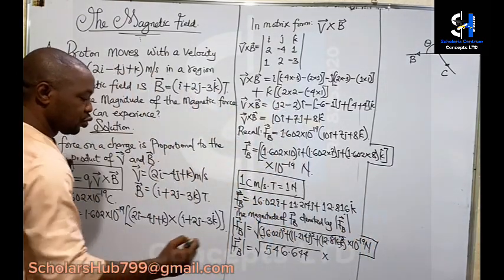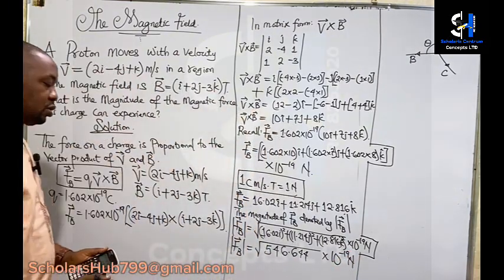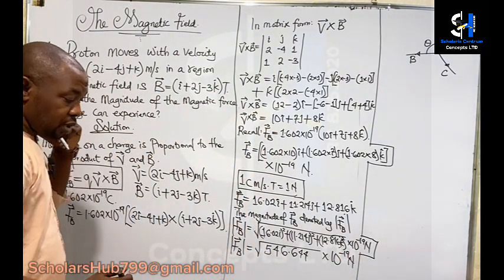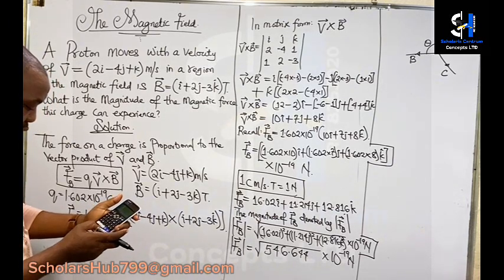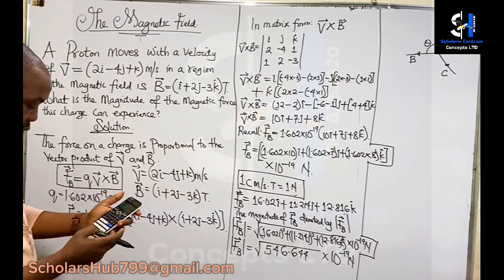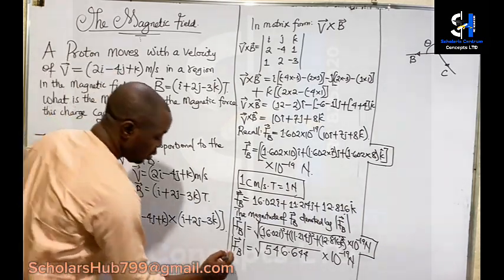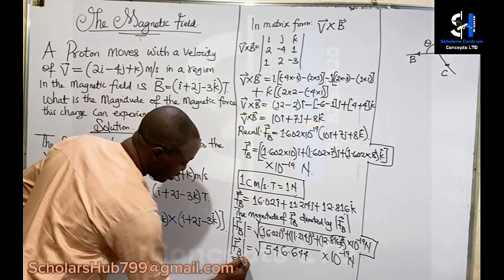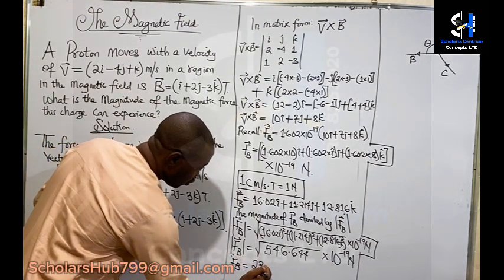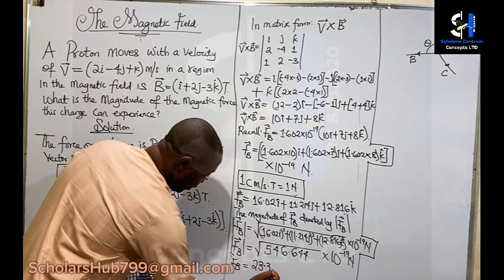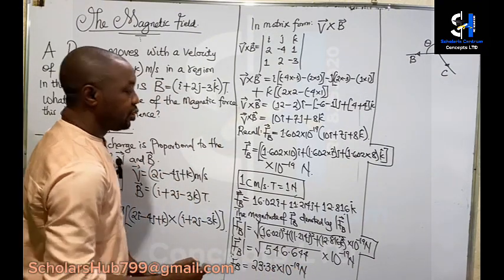The unit is Newton. So I'm still going to multiply this by 10 to the minus 19. Now, what is the square root of 546.644? That will be 23.38. So the magnetic force will be equal to 23.38 times 10 raised to the power of minus 19 Newton.